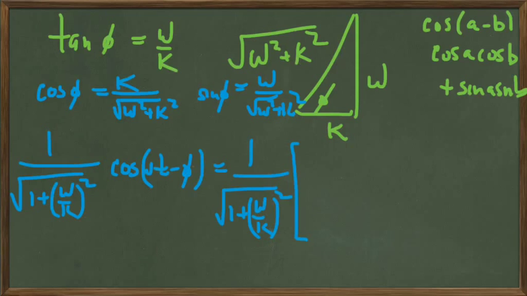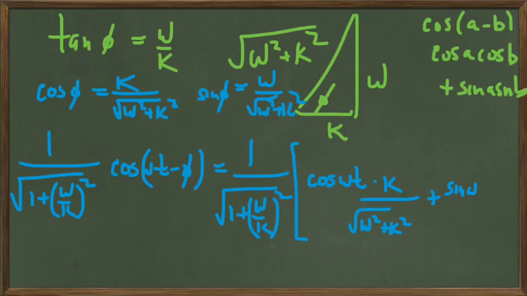And so if we expand this using this formula, we're going to get cosine omega t, and then cosine of phi is going to be k over square root of omega squared plus k squared, and then plus sine omega t sine phi.